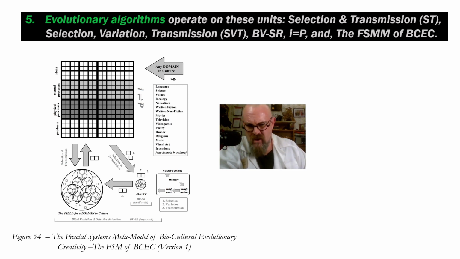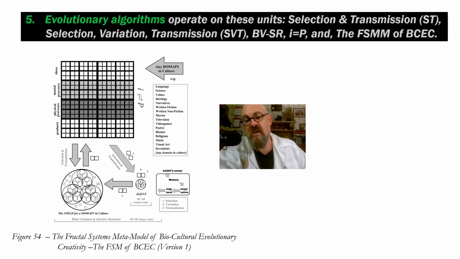Down on the bottom right, we have an agent, such as a person or an AI, and on the bottom left, those fractal circles, that's the field or the group of people who are the gatekeepers for a domain in culture, such as publishers and critics, distributors, the producers and consumers for that domain in culture, basically. Anyway, that's the fractal systems meta model.